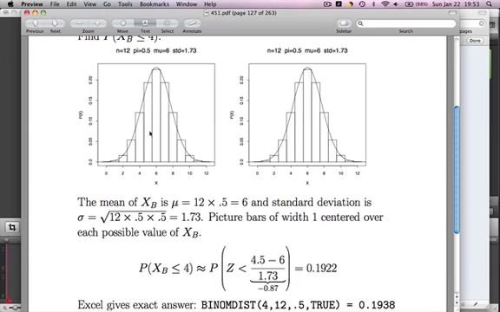Now let's see why that works. So here is the value 4.5. That is the end of the bar that is on 4. Now if we use the normal curve and find an area under that, notice what happens. We count this little triangle up here. It's not quite a triangle since this is a curve, but it sure looks like a triangle.